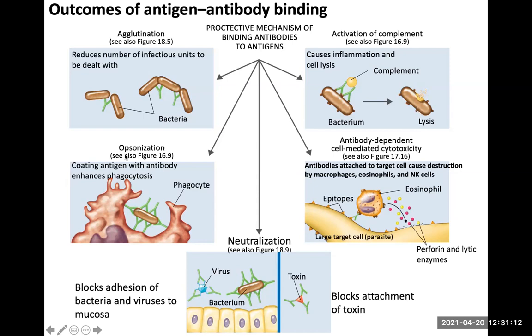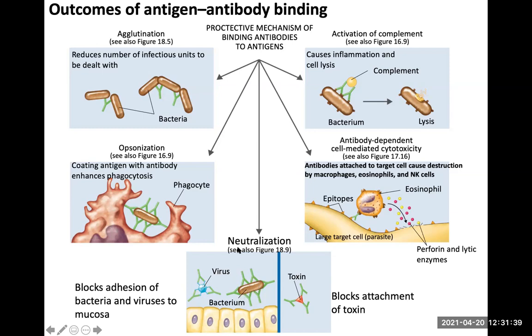We can have opsonization where we have coated the bacteria and made it much easier for the phagocyte to grab onto and eat. We can have the antibody-dependent cell-mediated cytotoxicity if it's an extracellular parasite that we're dealing with, right? And the neutralization, which we typically think of as for a virus or a toxin. You technically can do it for a bacterium too.